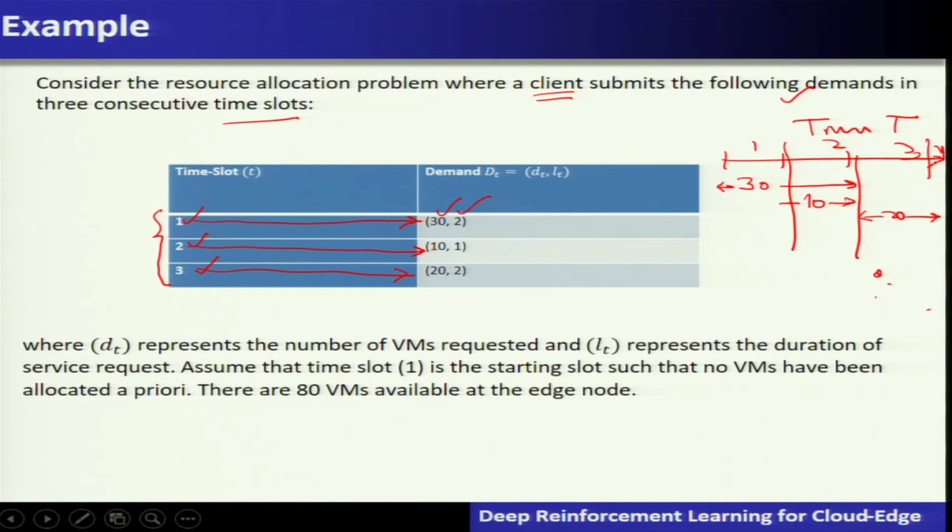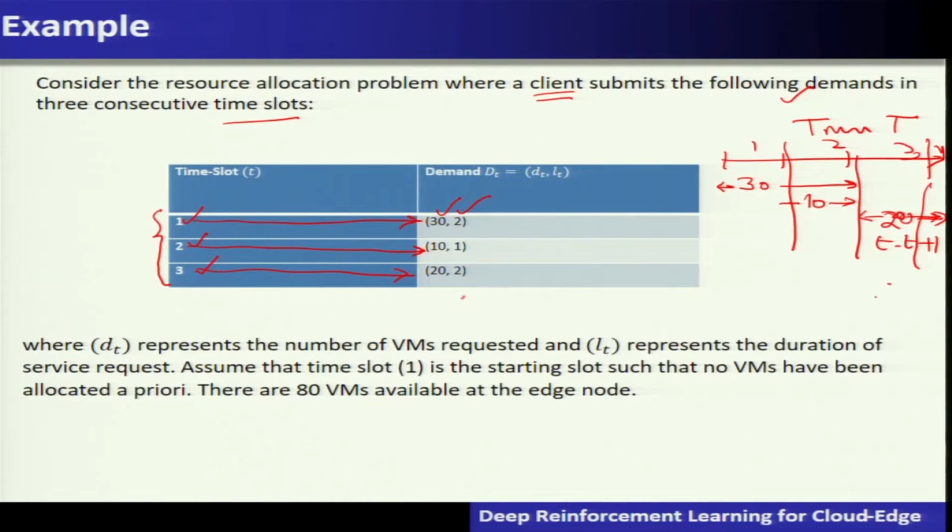So, that means the 4th time slot, or the next time slot, is also to be considered. So, 20 means T and T plus 1 both are needed.